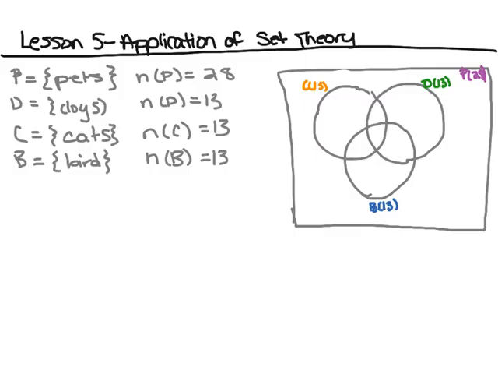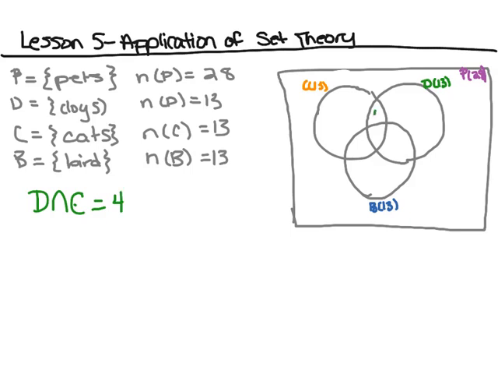So 4 children have only a dog and a cat. So only a dog and a cat would be dog and cat. So that means it's the intersection of dog and cat.